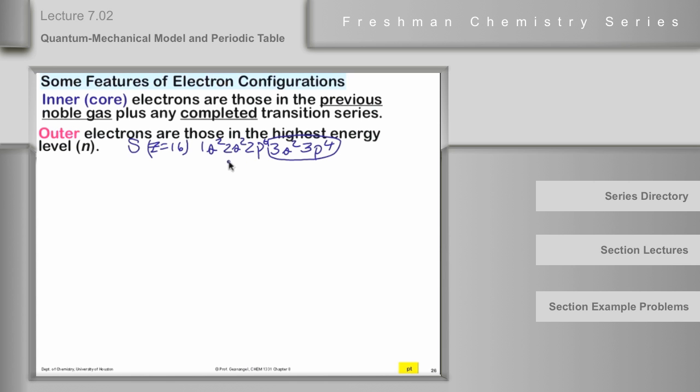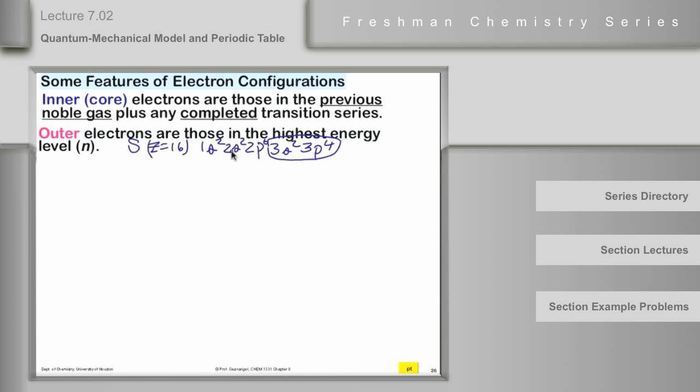The inner electrons are completely unreactive as far as chemistry goes. Only these outer electrons participate in chemical bonding and reactions. So that makes life nice. We don't have to remember very much about these inner core electrons, except maybe how many there are.